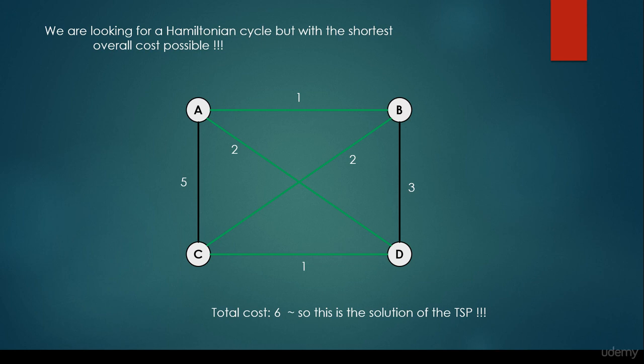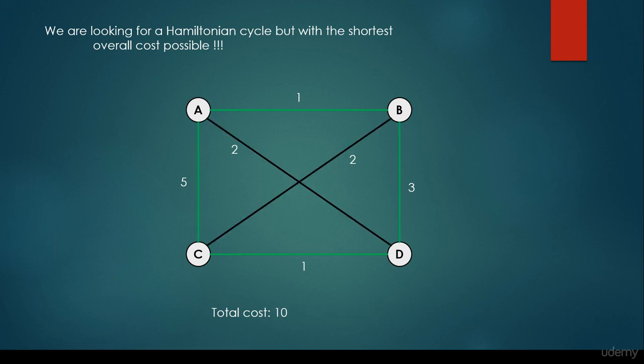What does it mean that it costs a lot? It's going to take a lot of time to calculate it exactly. And that's why sometimes we come to the conclusion that we don't want to find the exact solution, total cost 6. We are totally fine with this total cost 10, but we would like to find the order of the cities that we have to visit.